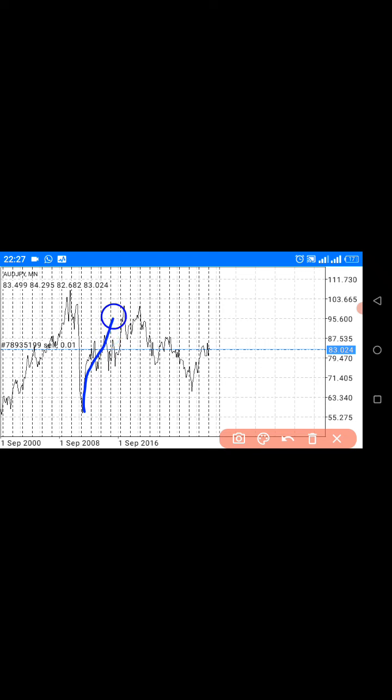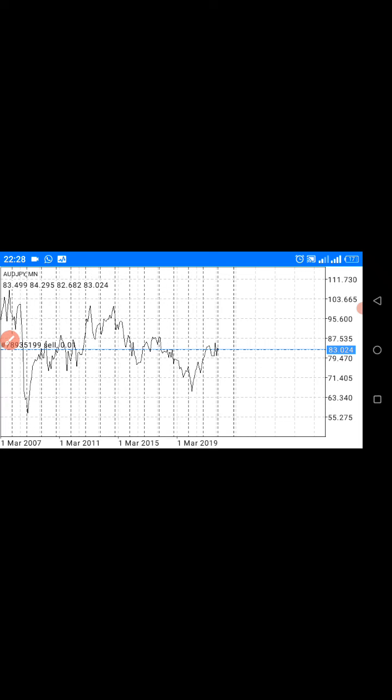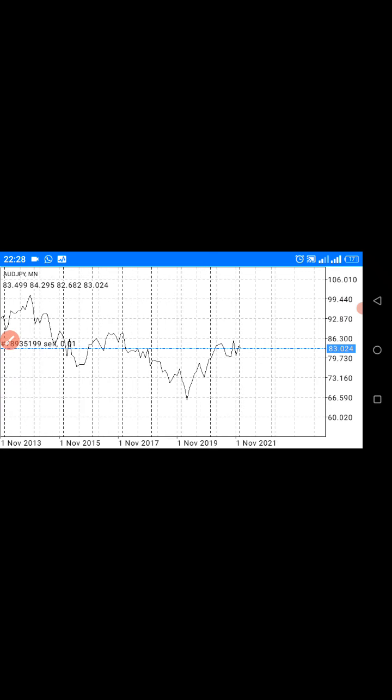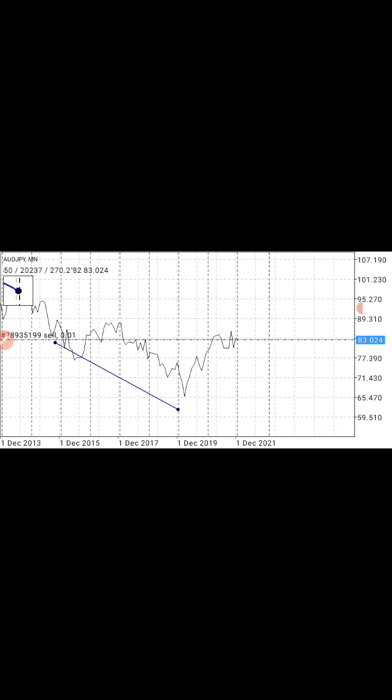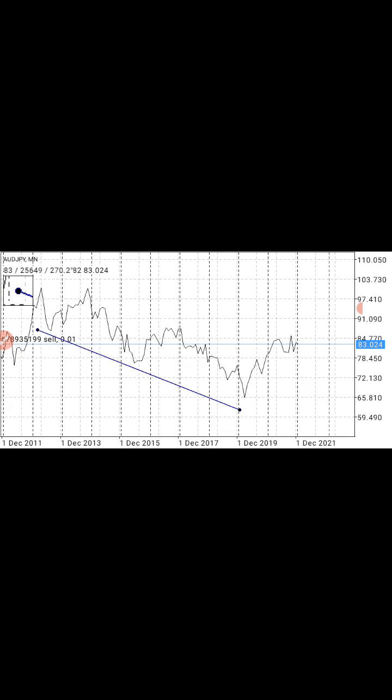Then we have another movement to the upside before we start having a pattern like this, and it's a pattern on its own. This is even a pattern on its own that we are going to talk about. So we can start looking at the structure from here.